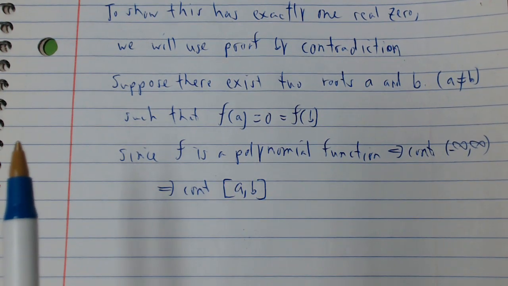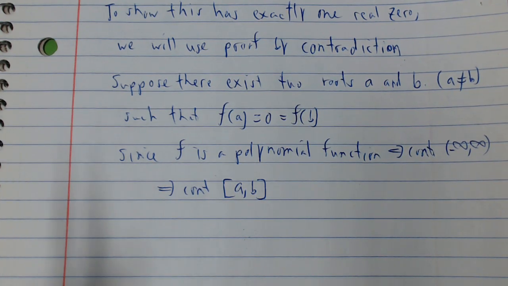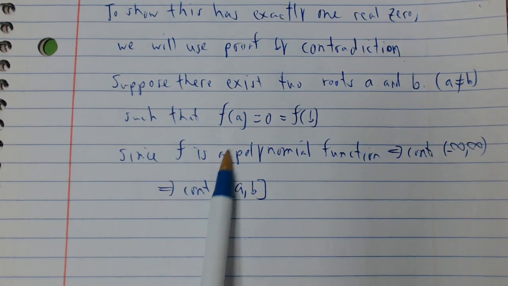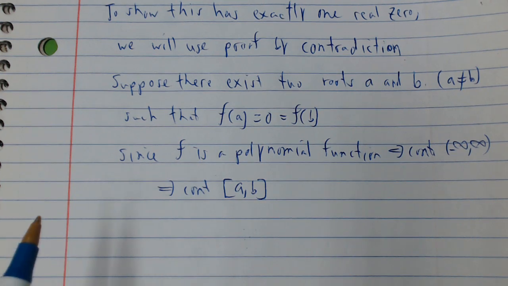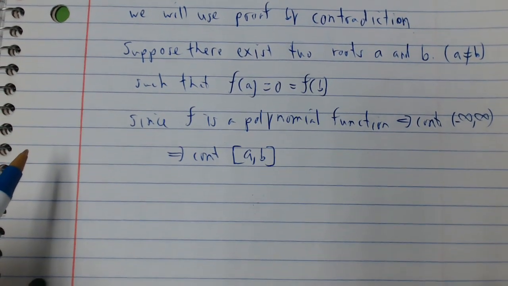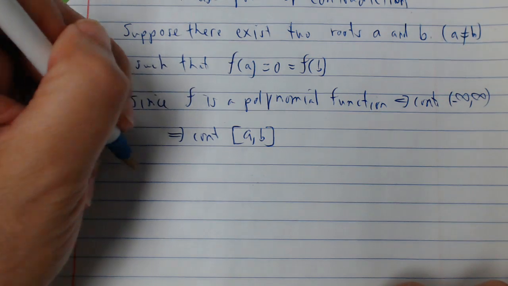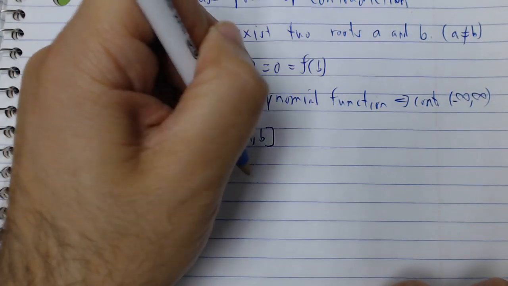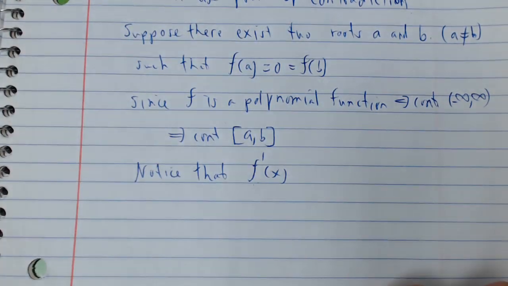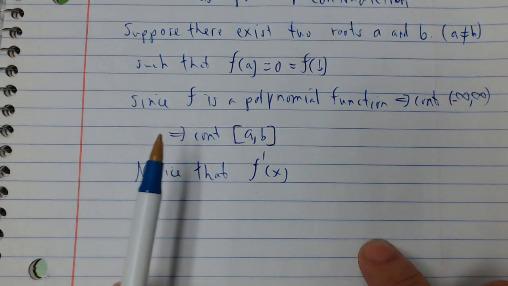Okay? So now what we could say is, and notice how this satisfies what? Rolle's theorem's first condition. So you could see I'm trying to put Rolle's theorem to use. Now, what do I need to show? We would also say, notice that f prime of x, which is the derivative, what is the derivative of x cubed plus x minus 1?